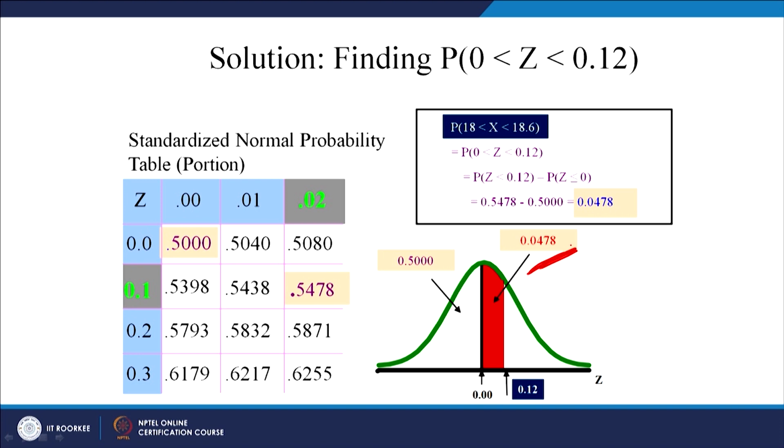Now, if you wish, you can do it in this manner as well. You can have a table from minus infinity to z, wherein you will find that the total area would be 0.5478.